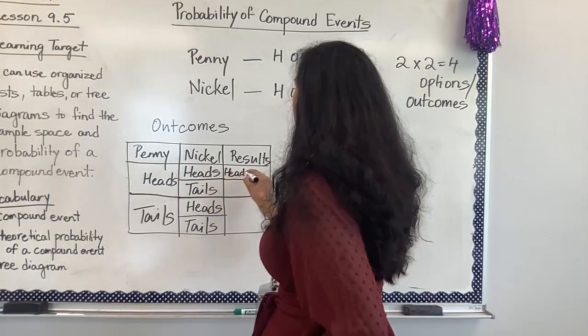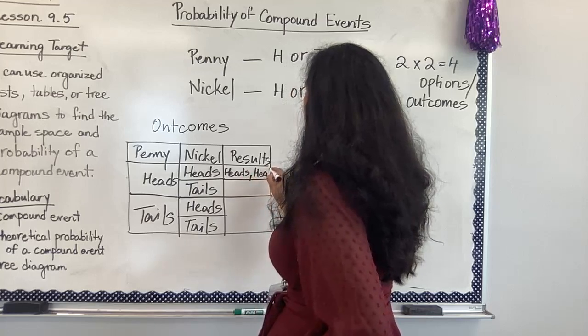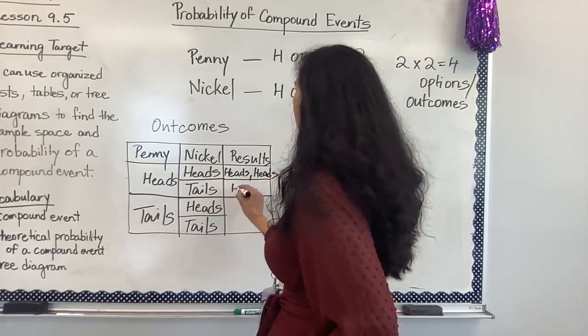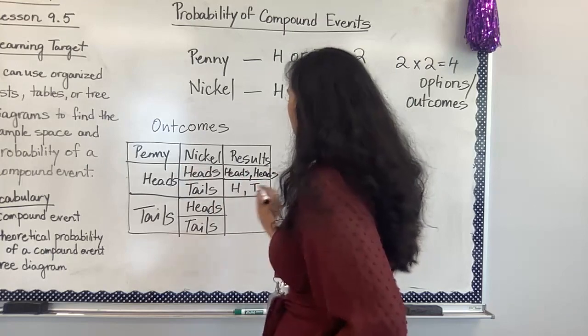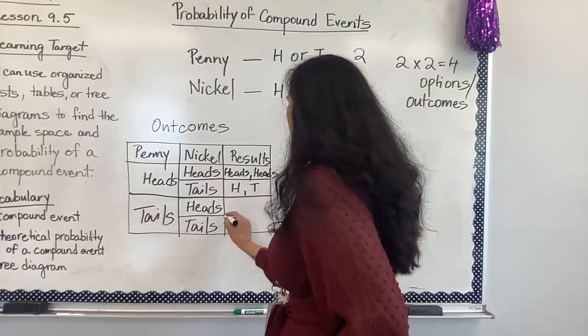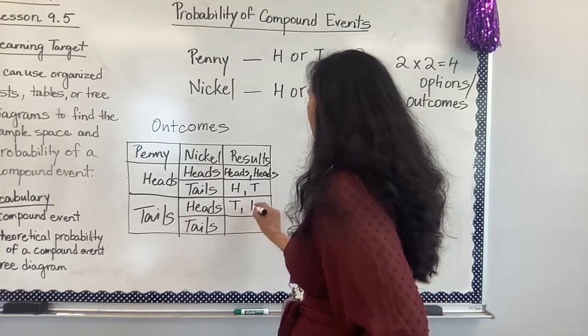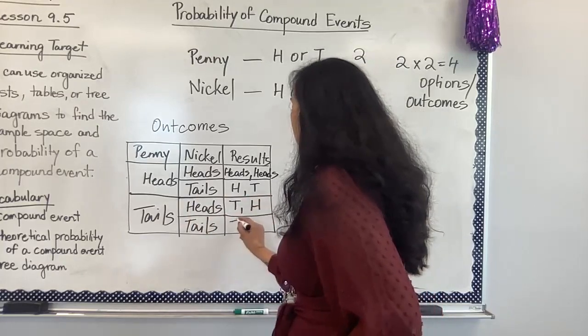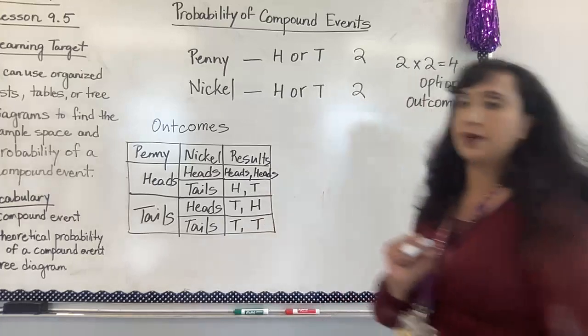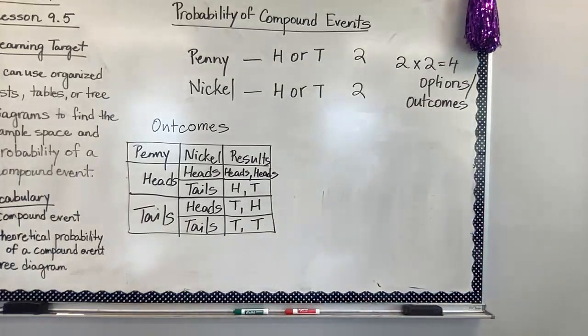Or I'm going to have heads and tails. Then I'm going to have tails and heads, or tails and tails. So as you can see again, we have 4 different possible outcomes over here.